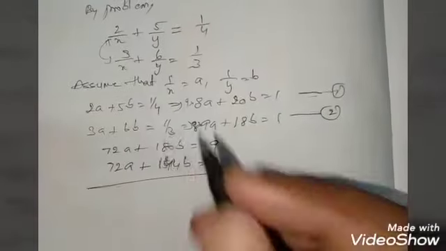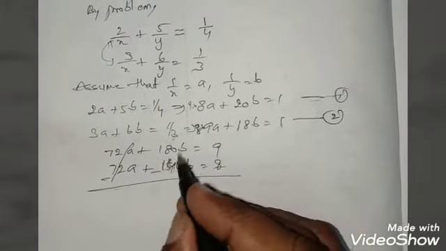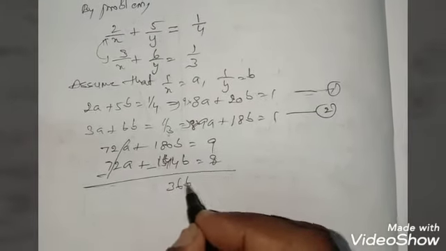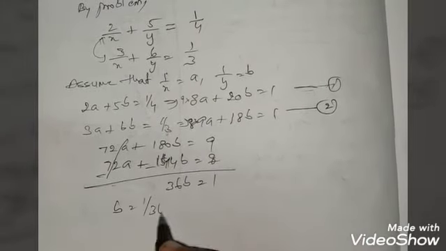Now if I subtract these two equations, the a terms will get cancelled. We will get 36b is equal to 9 minus 8, which is 1. So b is equal to 1 by 36, right?